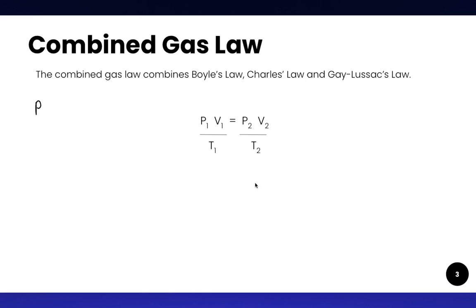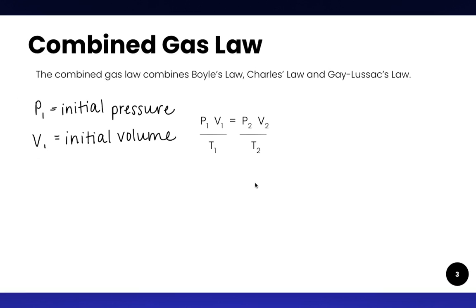P1 is the initial pressure, V1 is the initial volume, and T1 is the initial temperature.